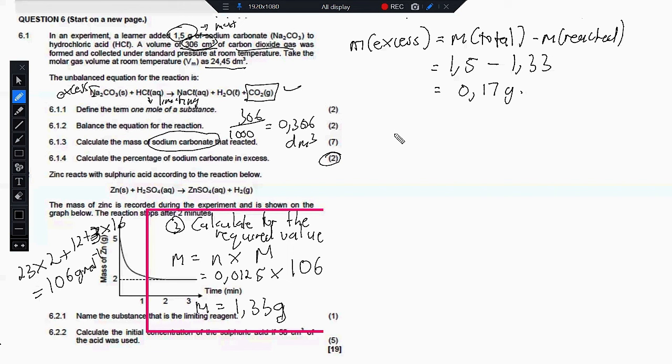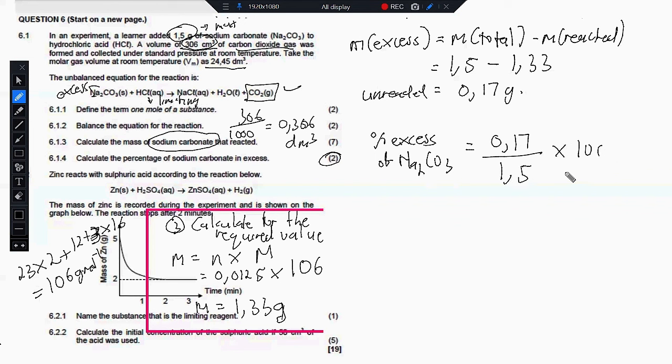So that means we can simply just calculate the percentage in excess. It's only 2 marks by simply saying a percentage excess of the sodium carbonate. It's simply the one that is in excess or the unreacted, which is 0.17 gram, over the total, which is 1.5 gram. Then multiply that by 100.